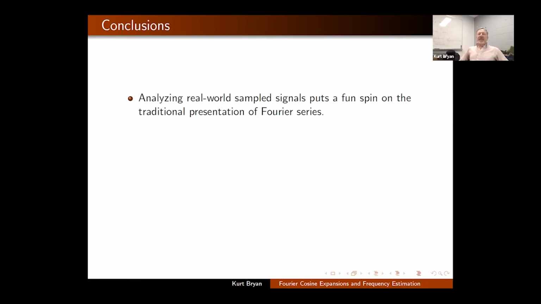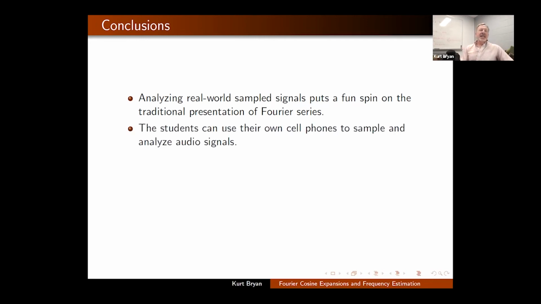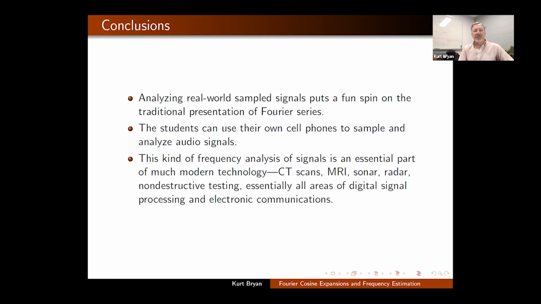They have some real world data to hang the idea of Fourier series on, and a lot of them are going into engineering, so they need to know this idea that you can decompose signals into constituent frequencies and figure out all kinds of stuff about them. They can use their own cell phones, which every single one of them has now, to analyze audio signals. And this kind of frequency analysis, it's not an overstretch to say our civilization would collapse without this now.